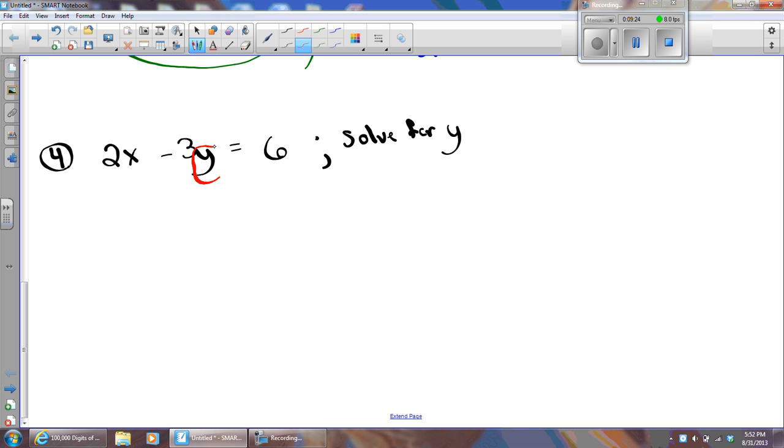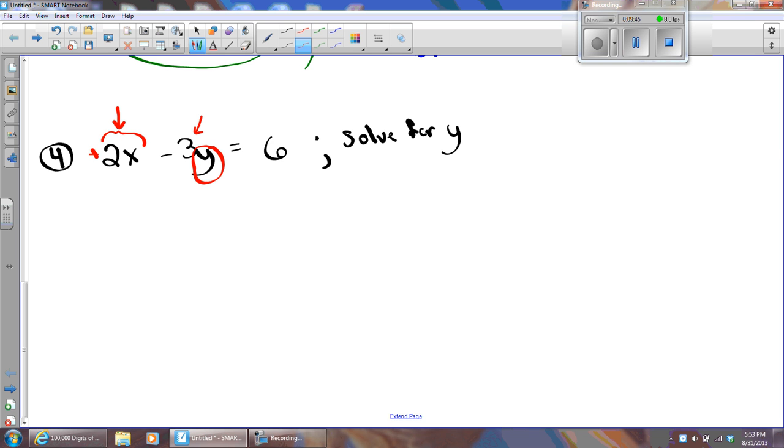So I'm going to circle the y. And I ask myself, what's my goal? Well, to get the y alone. What numbers are keeping the y from being alone? Well, the 3, of course, but the other number is actually the 2x. Yeah, that's the other number keeping y from being alone. How is the 2x attached?